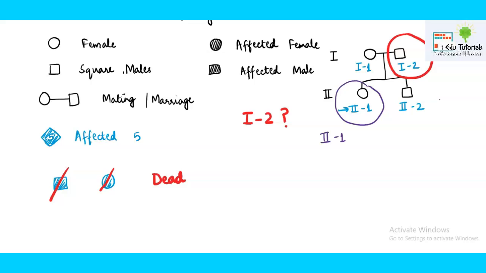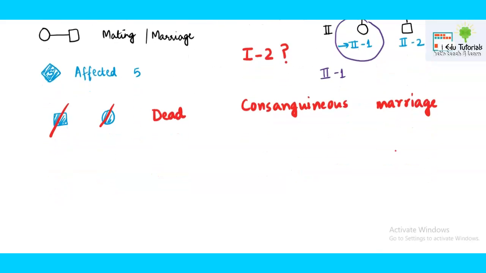Another thing which is very important is consanguineous marriage. What is this? The marriage between close cousins is known as consanguineous marriage, and it is very important from a genetic point of view because if any disease is genetically there in that family and consanguineous marriage is happening, then the probability of that disease is going to increase.